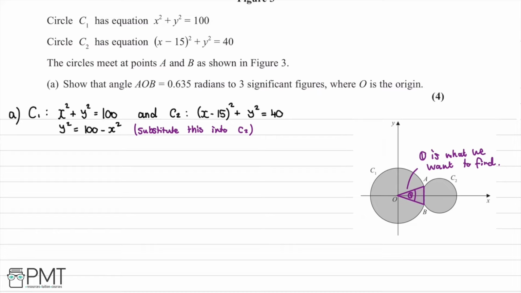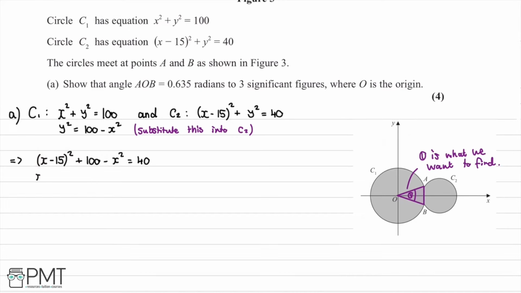So then, just writing this down, we'll have (x minus 15) all squared. Then we have plus y squared. So we now are going to substitute this in, which is 100 minus x squared. So plus 100 minus x squared, and we see that is going to be equal to 40. The next step here is going to be to expand these brackets.